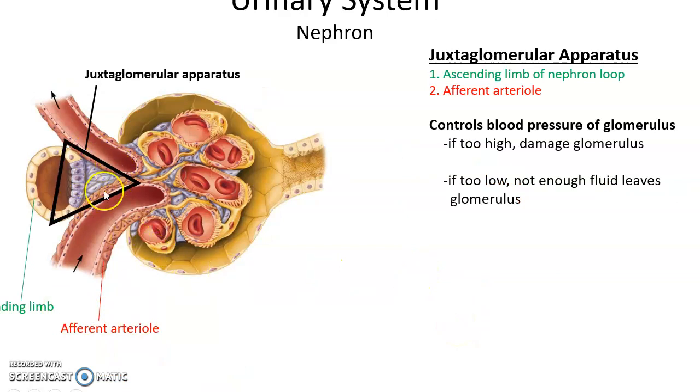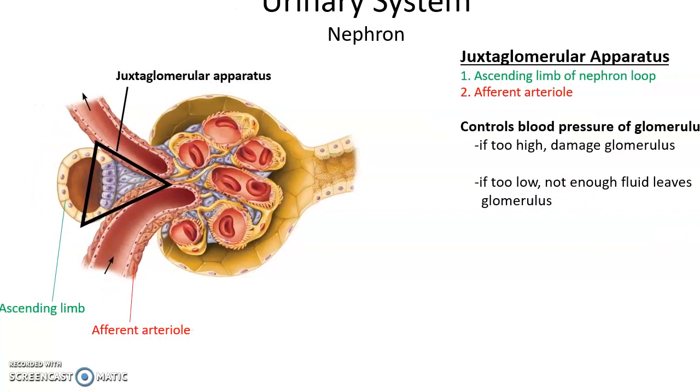The juxtaglomerular apparatus is a part of the nephron. The juxtaglomerular apparatus is composed of the ascending limb of the nephron loop, just a tiny piece of it, and the afferent arteriole. So part of the wall of the afferent arteriole and part of the wall of the ascending limb make up what's known as the juxtaglomerular apparatus.